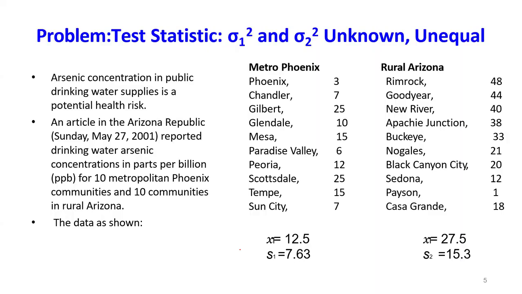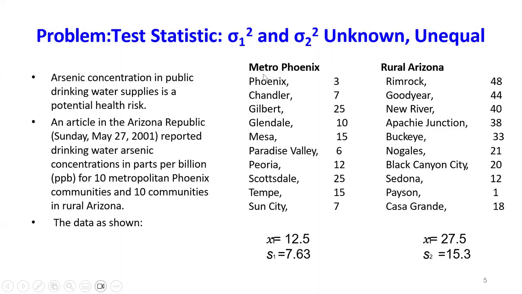One is Phoenix, and the second is Arizona. In each of these counties, there are multiple communities, and for each of the communities, a certain measure has been calculated. For example, in this case, they have taken the arsenic concentration in the drinking water supplies.